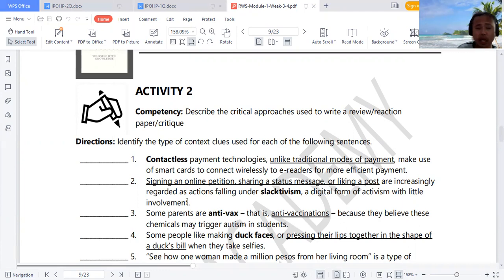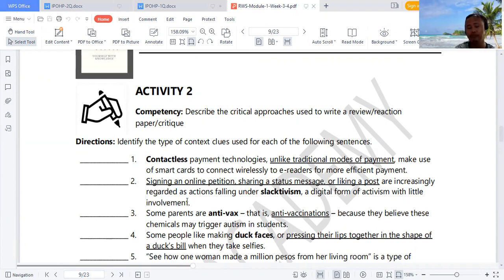But here, with the new technologies in our present days, we do not need to go there. Because it's contactless, BDO, Landbank, and all these banks already have apps for that. You just have to download it on your phone. So contactless. All right, so answer number 1 is what?